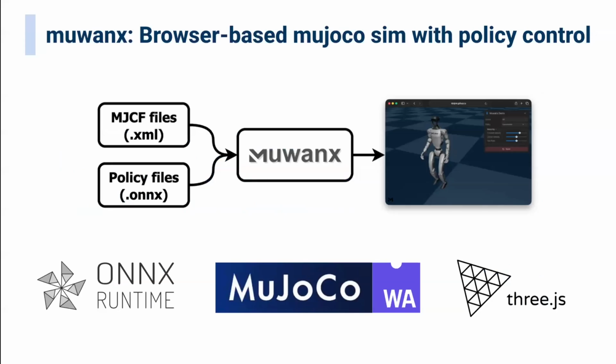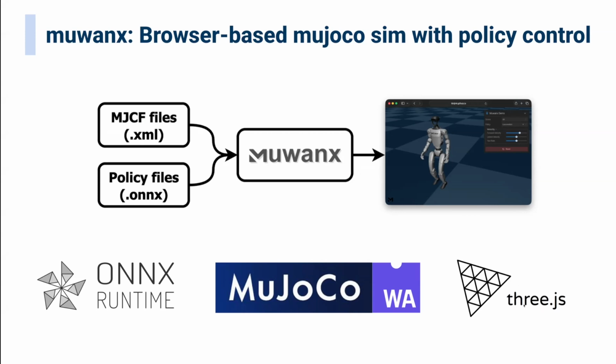But how does it work? The key here is running everything in the client-side browser. muwanx is a Python package that takes MuJoCo models and trained policies and builds a web application from them. It's built on top of three major components: MuJoCo WebAssembly handles physics simulation, ONNX Runtime handles policy inference, and Three.js handles rendering.